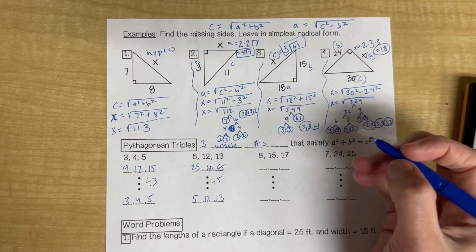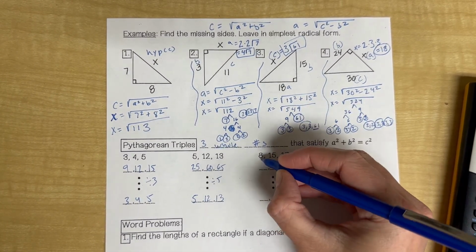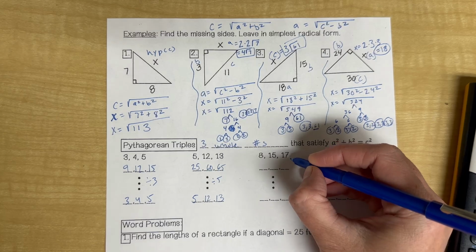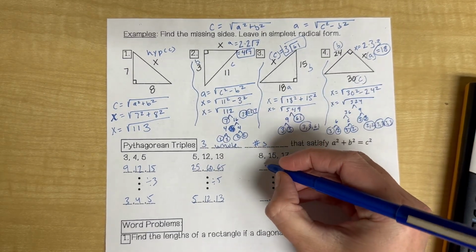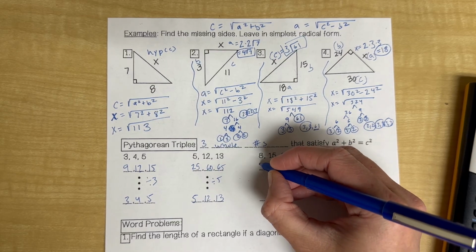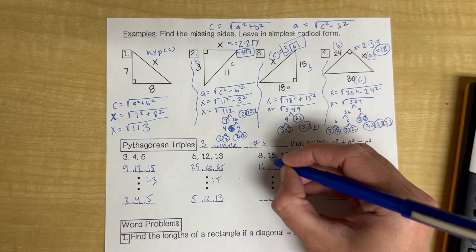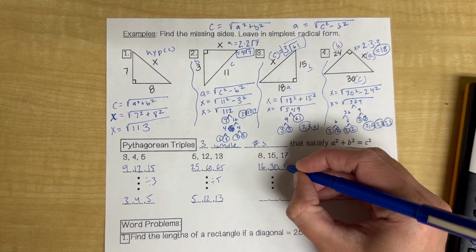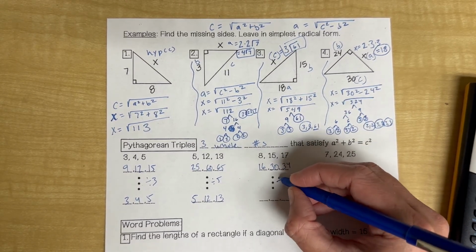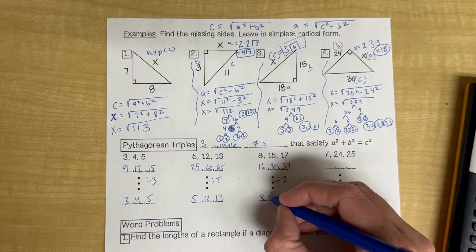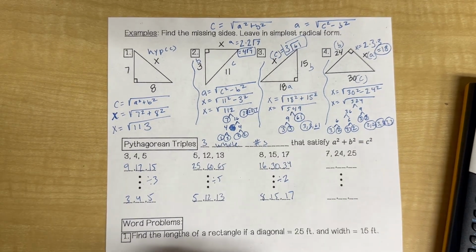An example of another one, you might see an 8, 15, 17. Again, a squared plus b squared would equal 17 squared. You might see this as 16, 30, and 34, which were all multiplied by 2. When we divide by 2, it goes back to the 8, 15, 17.